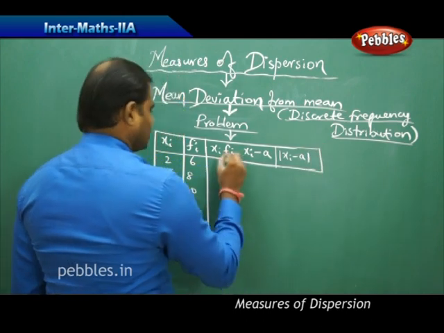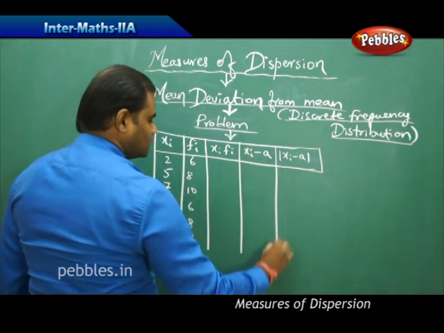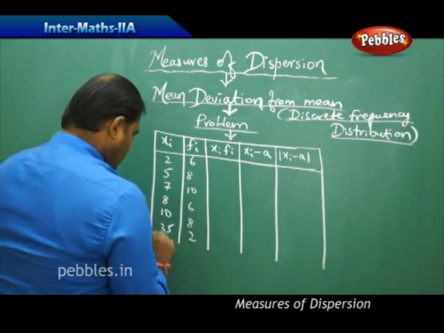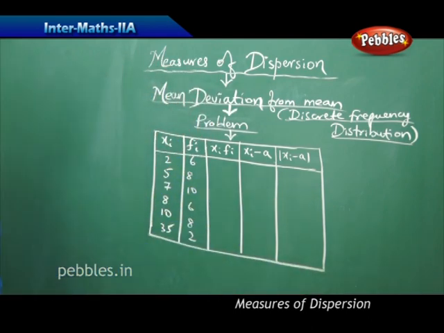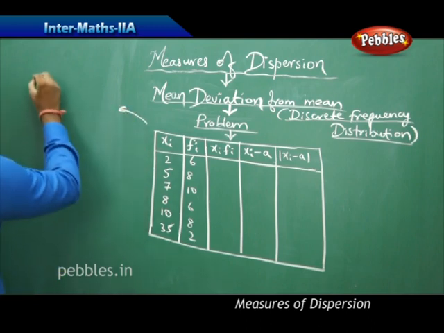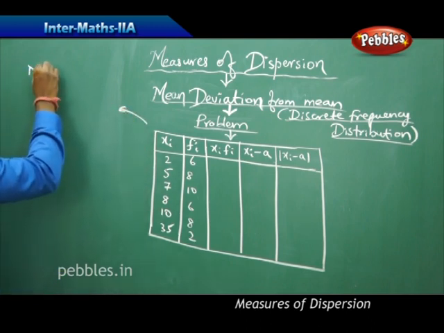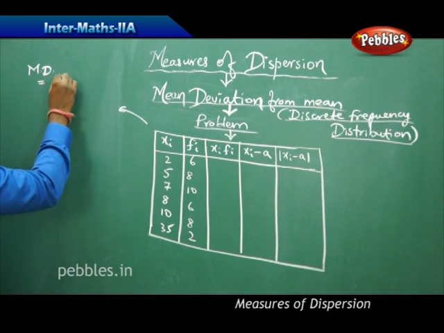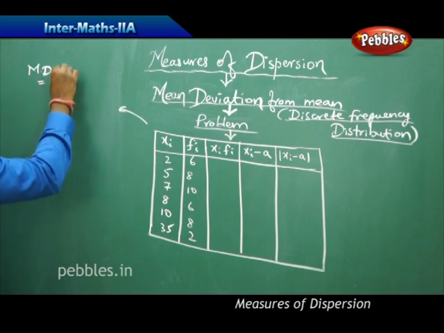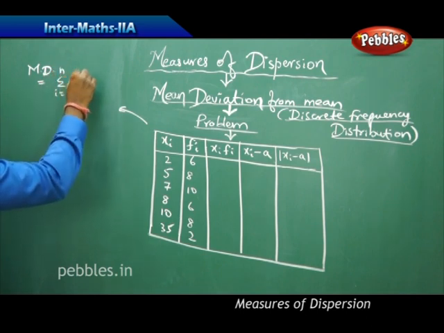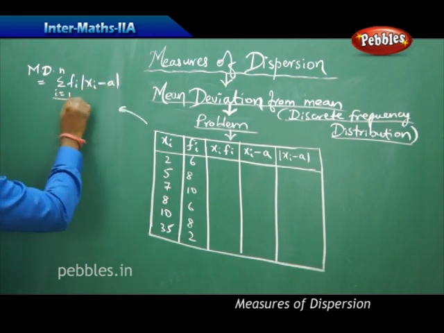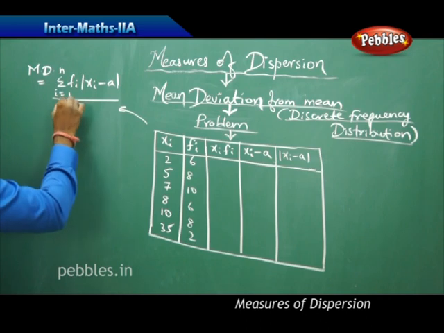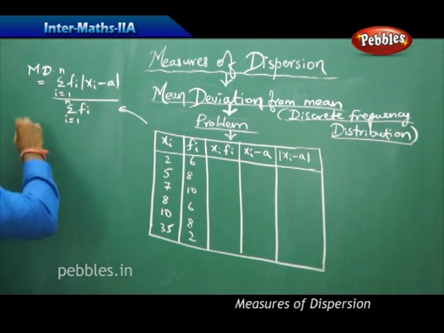What is the need for finding each of these three is the biggest question here, because my mean deviation from mean is sigma i running from 1 to n of fi times mod xi minus a, by sigma i running from 1 to n of fi.